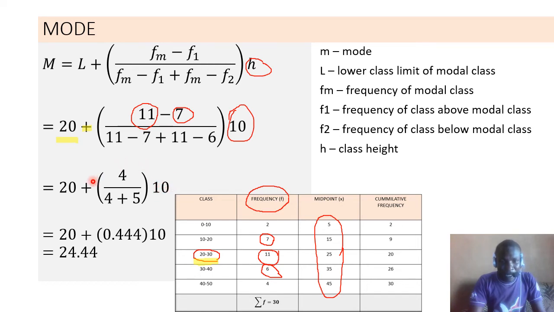We are going to work this side first. After we finish, then we'll add to 20. After working it all, you can confirm with your calculator. Our final answer for the mode will be 24.4. That is how easily we calculate the mode of a continuous or exclusive class interval.